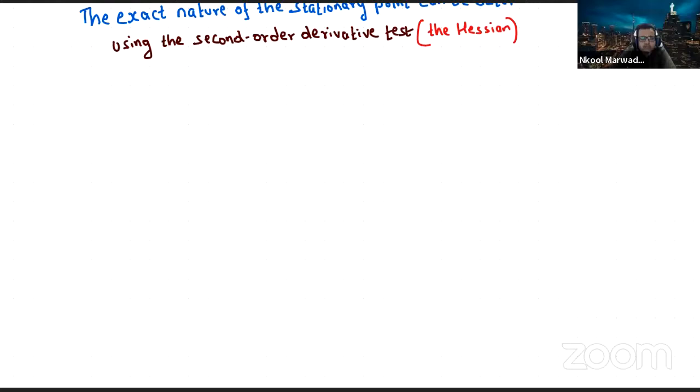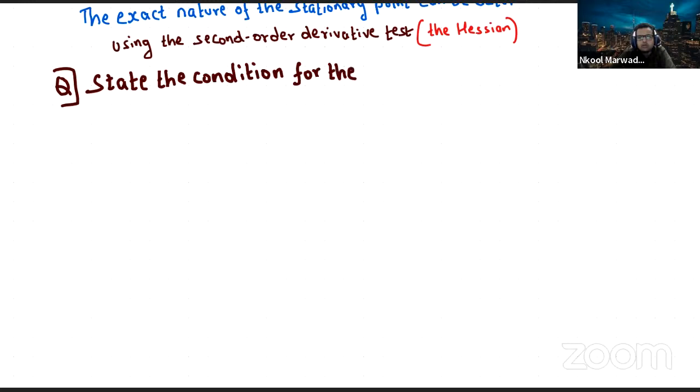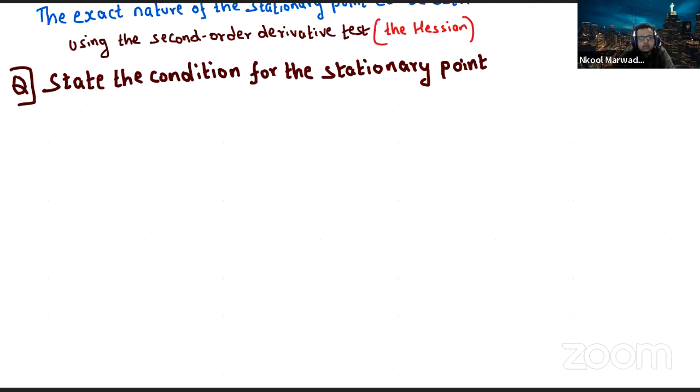The next question which has been asked in the exam: state the condition for the stationary point (a, b).